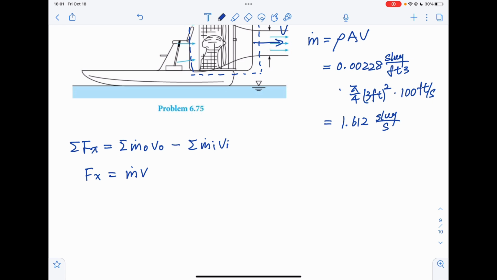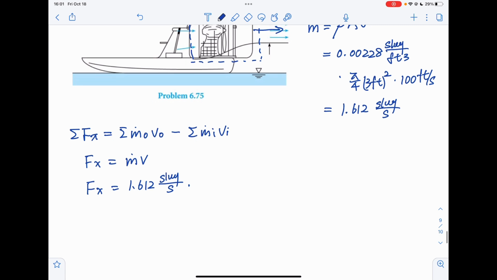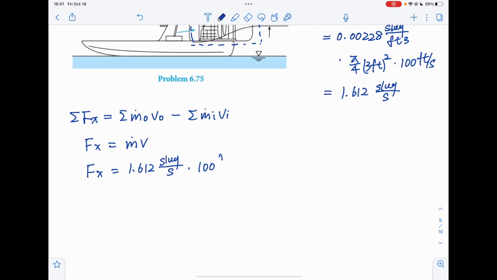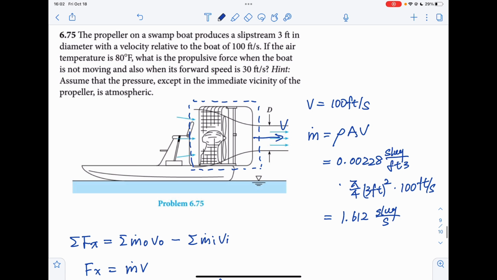So Fx equals 1.612 slug per second times the velocity, 100 feet per second, which gives you 161 pound force. That's your propulsive force.